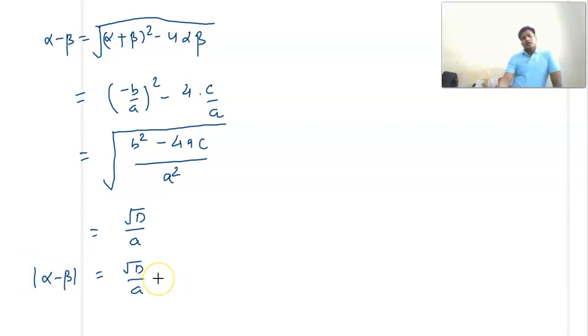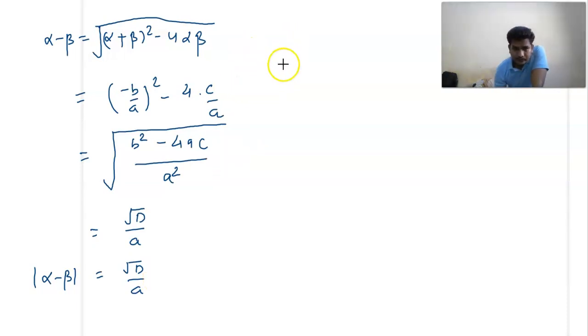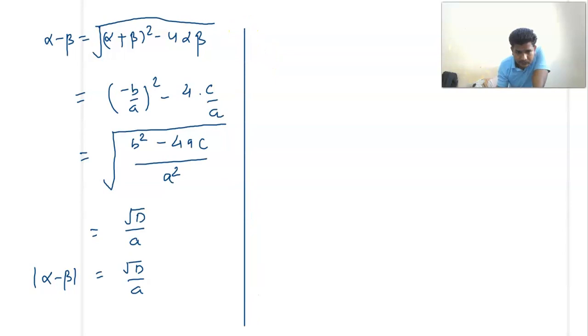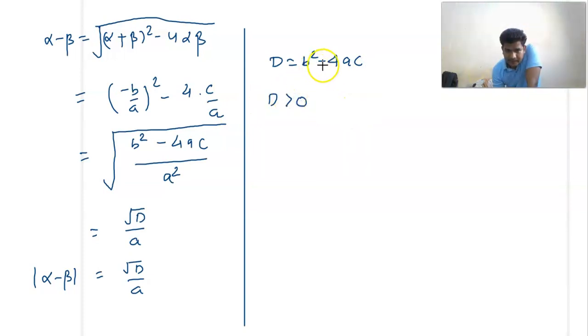Okay. So we want to know about the d. d is equal to b square minus 4ac. If d is greater than 0, it means the value under the root will be positive, so the roots will come out real and unequal, means real and distinct.